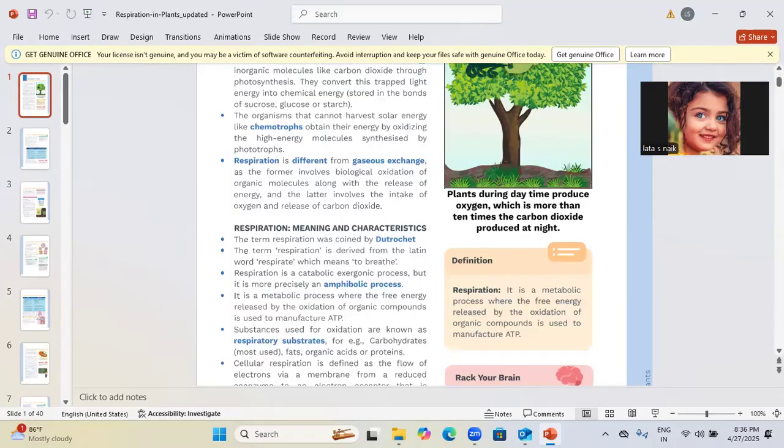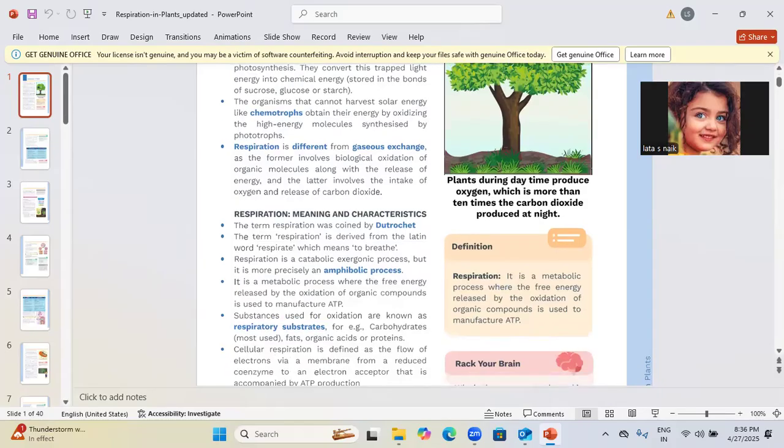The substrates used for oxidation are known as respiratory substrates. Here carbohydrates are most used. Fat, organic acids and proteins are also involved.